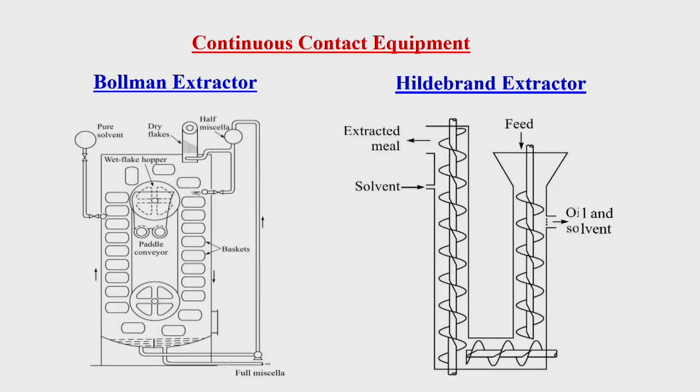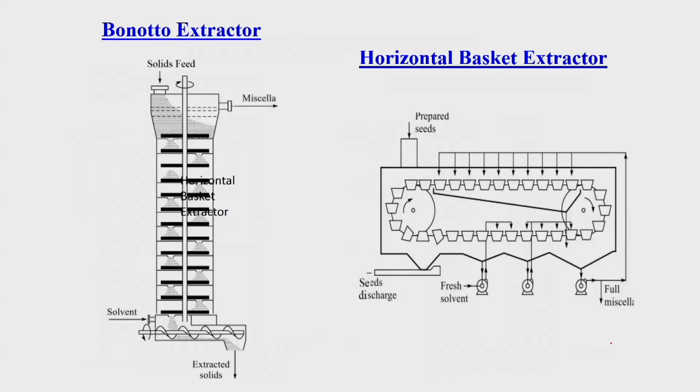Then we have the Ballman extractor like this, it is also one type of extraction unit, that is a leaching unit. Then the Hildebrand extractor is like this, and then we have the Bonotto type extractor, where solids enter from here and the extracted solid is separated from the bottom through this conveyor belt.